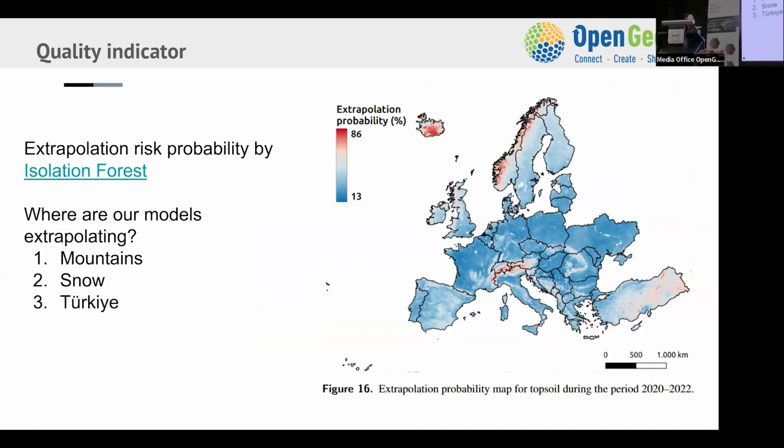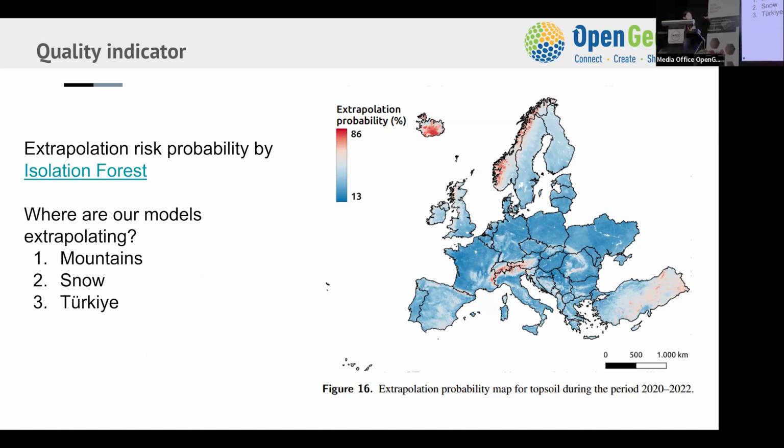But apart from the prediction maps and the uncertainty maps, we also produce the extrapolation risk probability maps using a method called isolation forest. So this map basically tells you where our model is extrapolating.